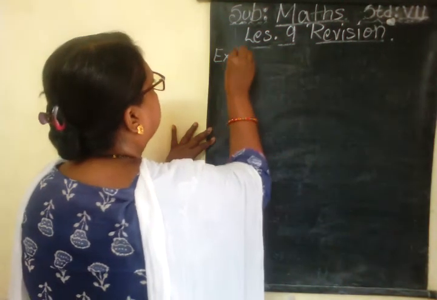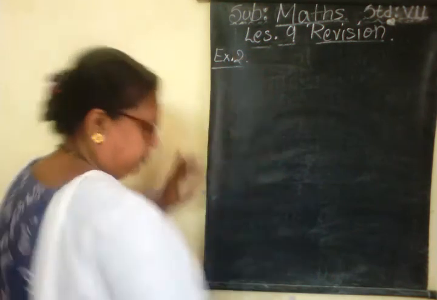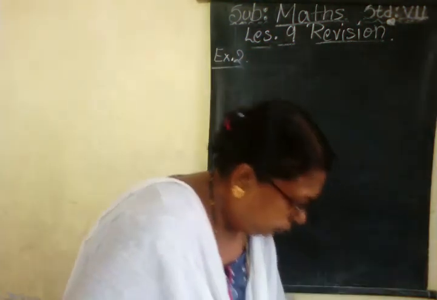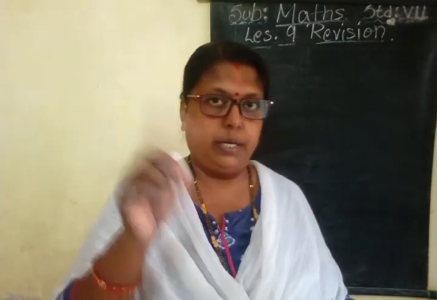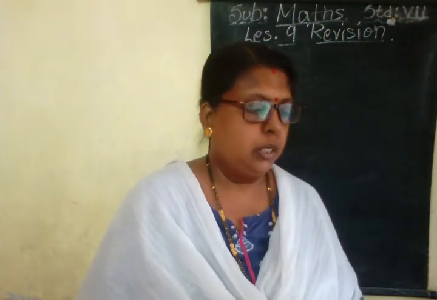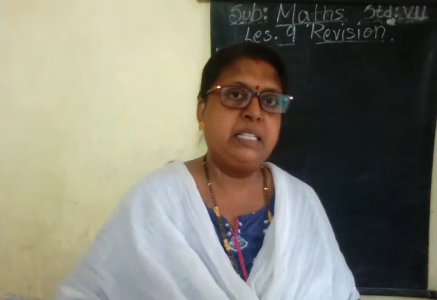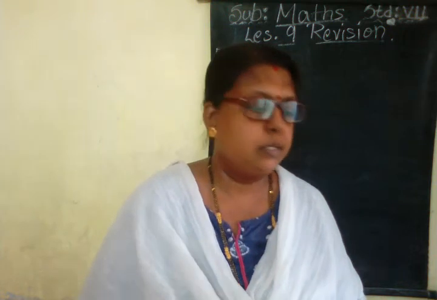Example second. Now, 78 students require 26 benches to sit. So if the number of students have increased, the benches will also increase. So let us find it.